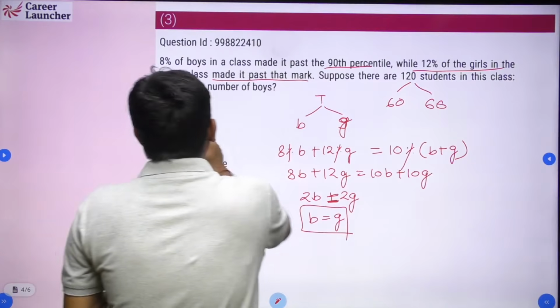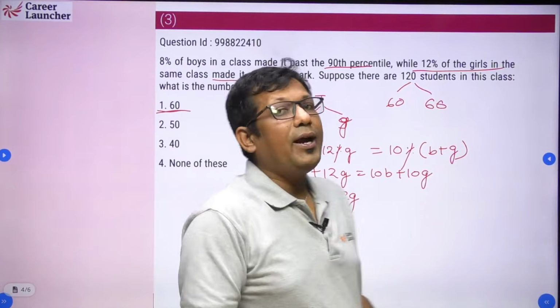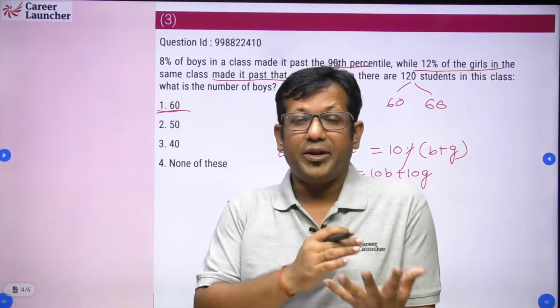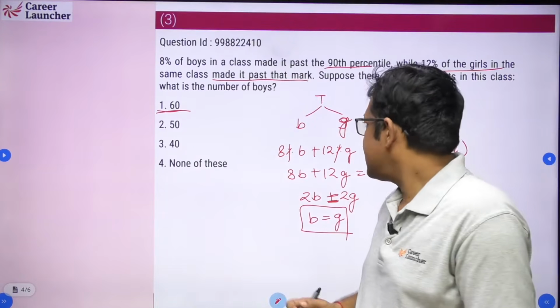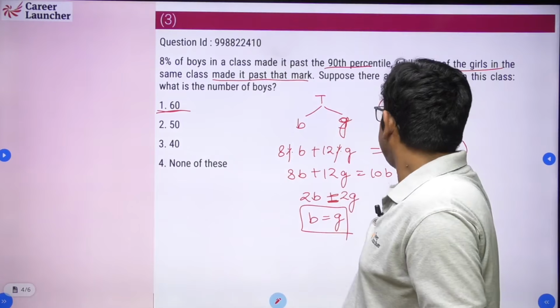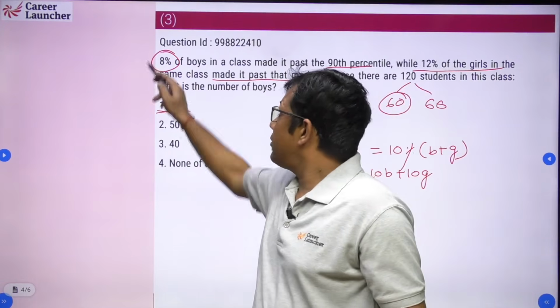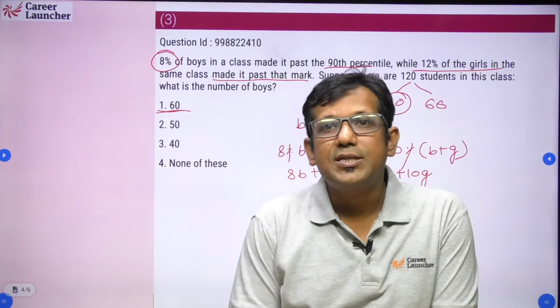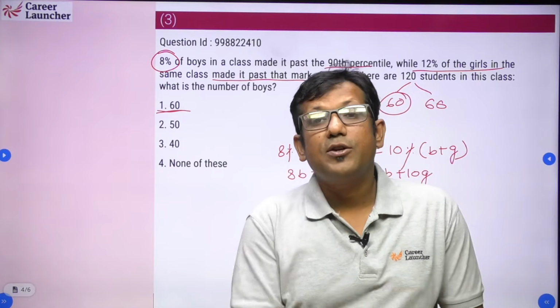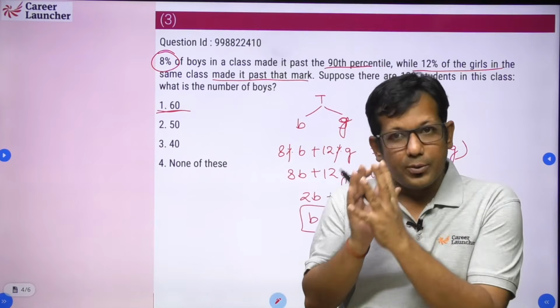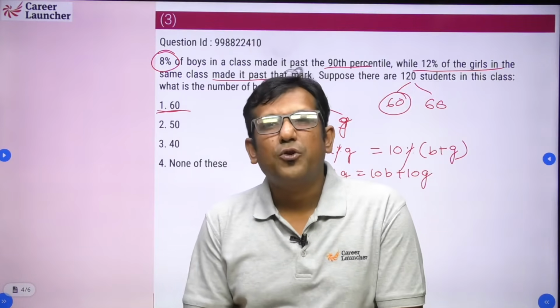Now if you look, they have given the answer as 60, you might think it is right. Okay, so when you are calculating, it matches the answer. But the problem here is we have 60 boys, and 8% of the boys must be an integer. So 8% of 60 is 4.8.